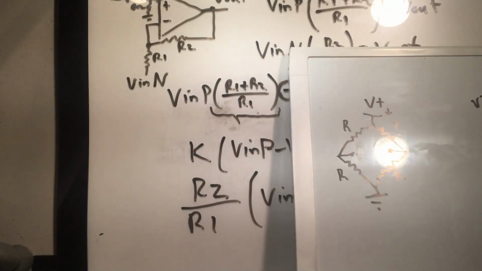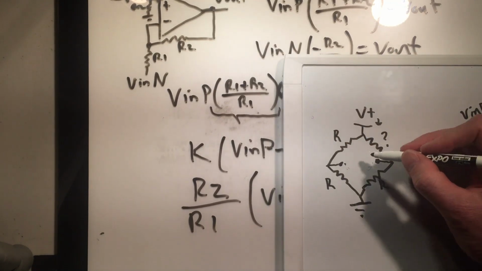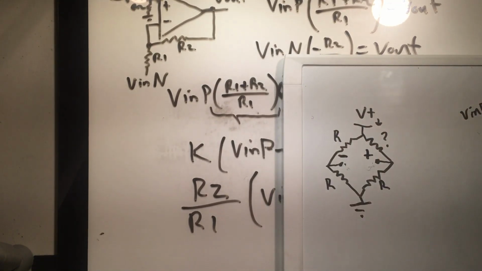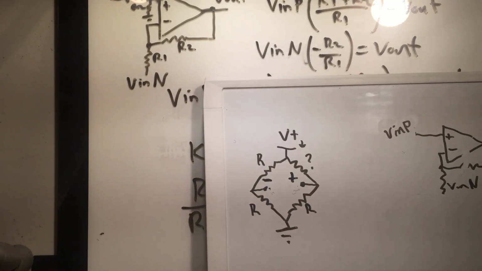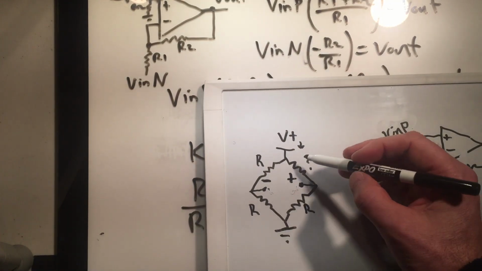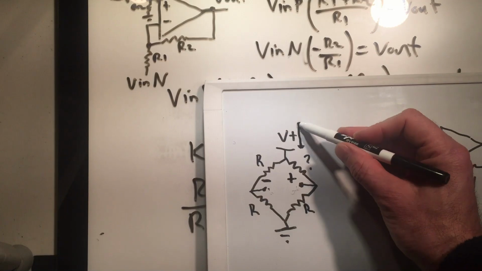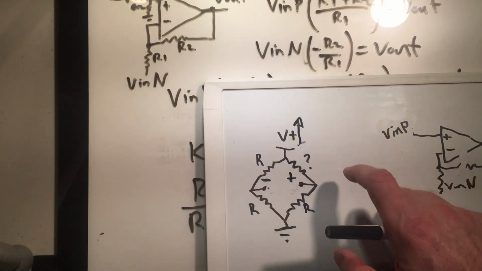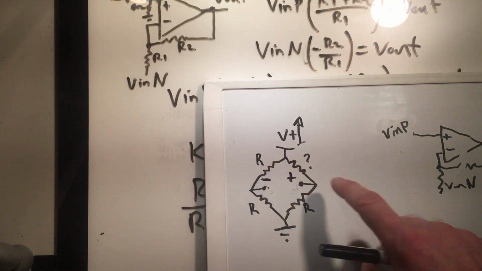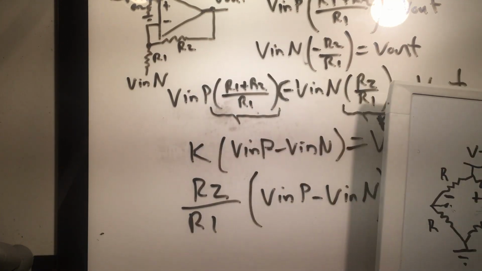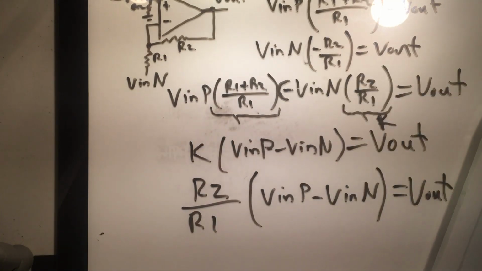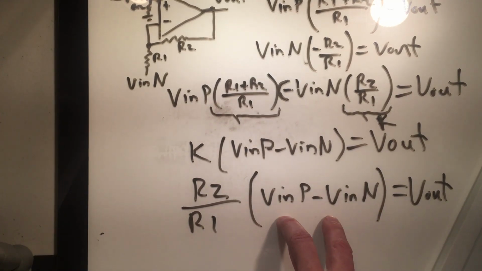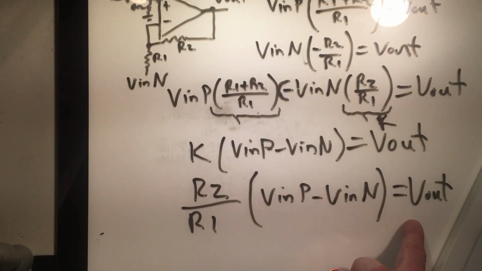So if V in positive is over here and V in negative is over there, if both of these change simultaneously, say the V positive, in other words the power supply, got larger, and these both ratiometrically went up the same, then because it's getting amplified by this equation right here, if these change by the same amount, there's not going to be any contribution to V out.